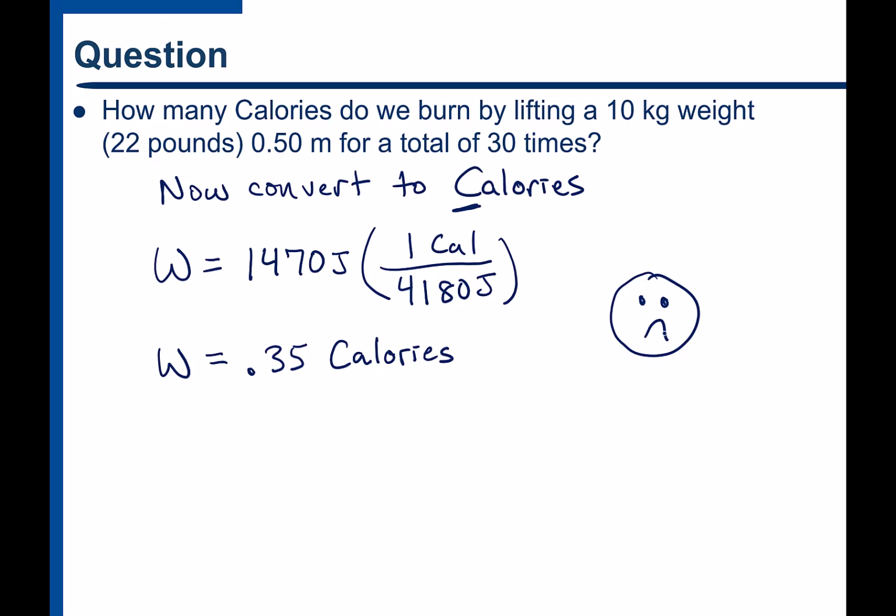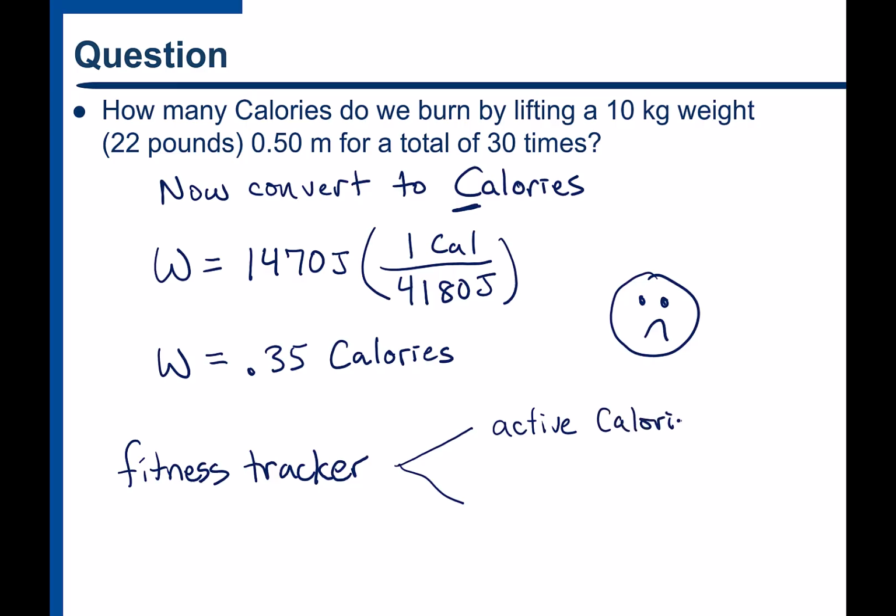By the way, one thing that's really interesting, if you have some kind of a fitness tracker, for example, I have an Apple Watch, but obviously there are lots of other ones out there. You may have noticed that it will tell you about 2 things. It will tell you about active calories, and it will also tell you about total calories.